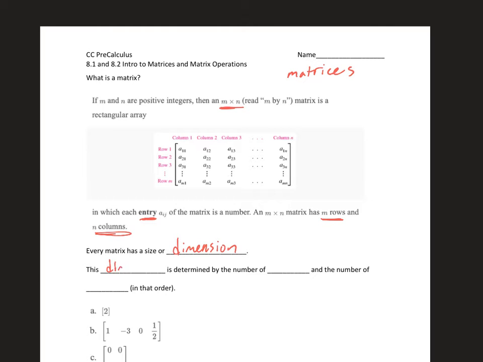And the dimension of a matrix is determined by the number of rows, remember, rows go horizontally, and the number of columns, and columns go vertically. So it's in that order. It's rows first and then columns. A way to remember that is just think to yourself that matrices are really cool. Rows first and then columns.